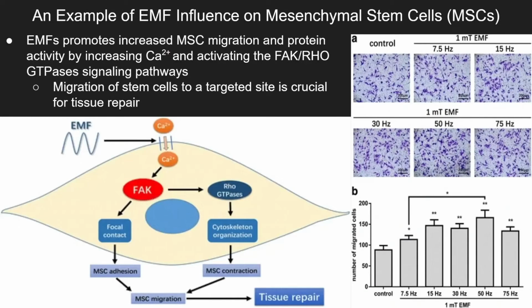Electromagnetic fields have the ability to increase the amount of calcium ions present in the microenvironment of mesenchymal stem cells. These calcium ions are capable of activating the focal adhesion kinase and Rho GTPases signaling pathways. Through this activation of the signaling pathways, mesenchymal stem cells can have their healing performance increase by improving their migration capabilities.